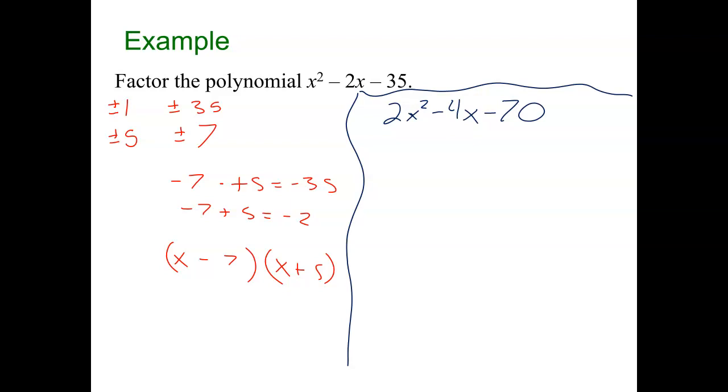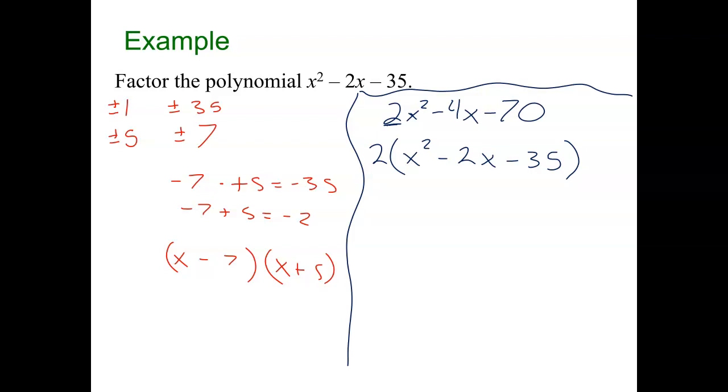So, if you have a leading coefficient, check for your greatest common factor. In this case, our greatest common factor is 2. So we can factor out that GCF and end up with a quadratic that we can factor now.